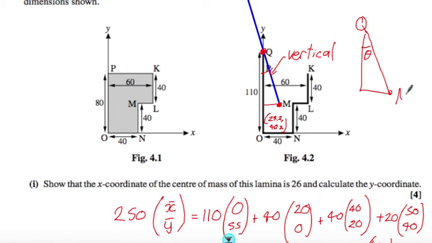Here's M. So this distance here is going to be 110 minus 40.2, which is 69.8. This distance here is just 23.2. So tan theta will be 23.2 over 69.8. If I do inverse tan, I get 18.4 degrees.